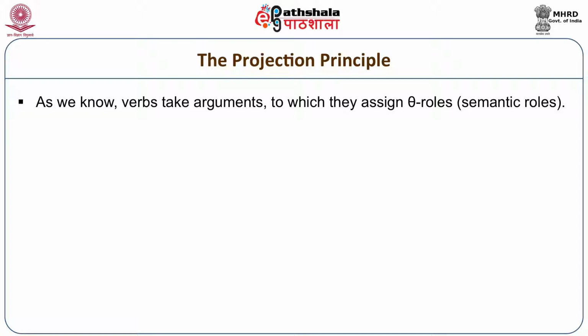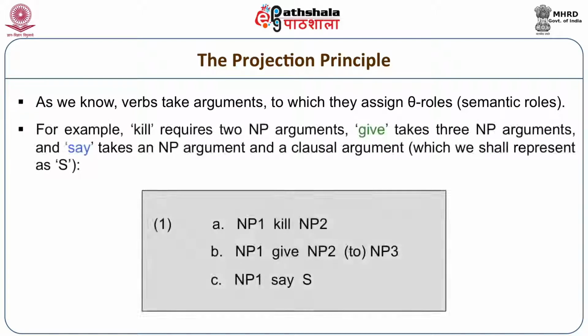As we know, a verb has its arguments. For example, the verb kill has two arguments. John killed Bill. Okay, just two arguments. NP1 kill NP2. The verb give has three arguments.